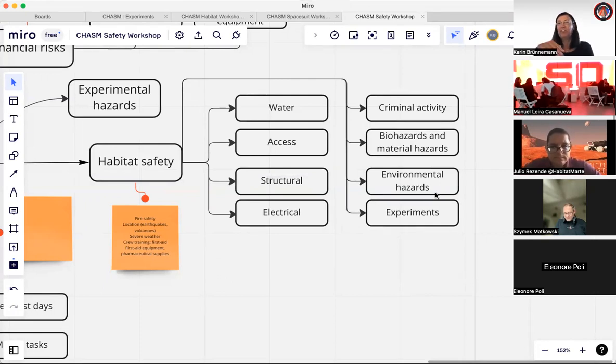Very steep slopes, or some cliff or something like that, or big rocks that the astronauts can stumble on during the EVA. That's also in the environment.